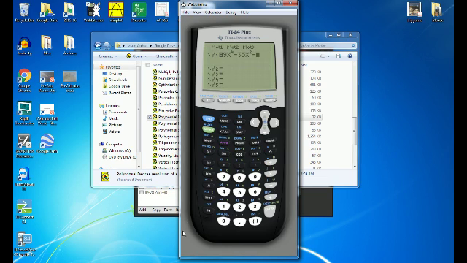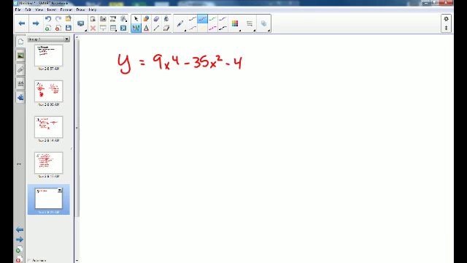I'm putting it in right here. You see that? Okay, put your equation in y. We need to be getting faster at this, right?